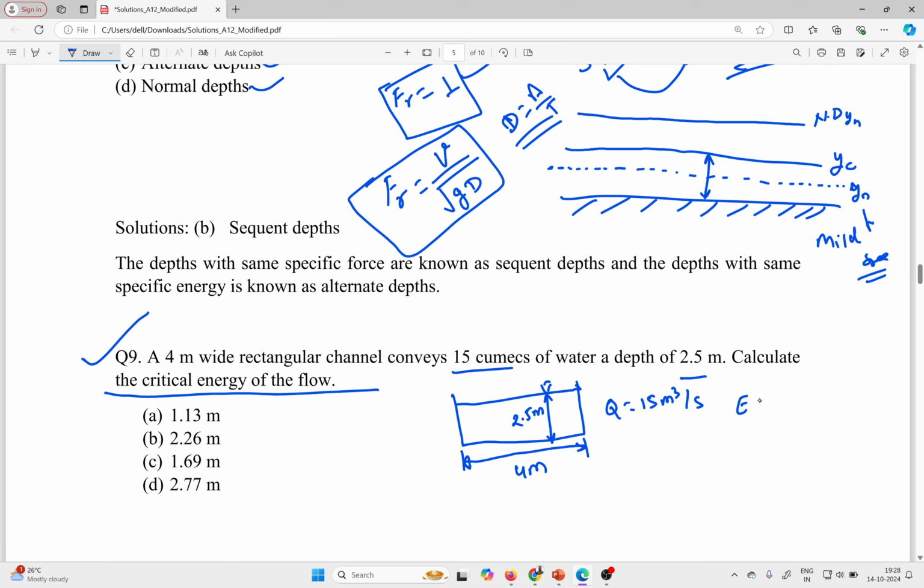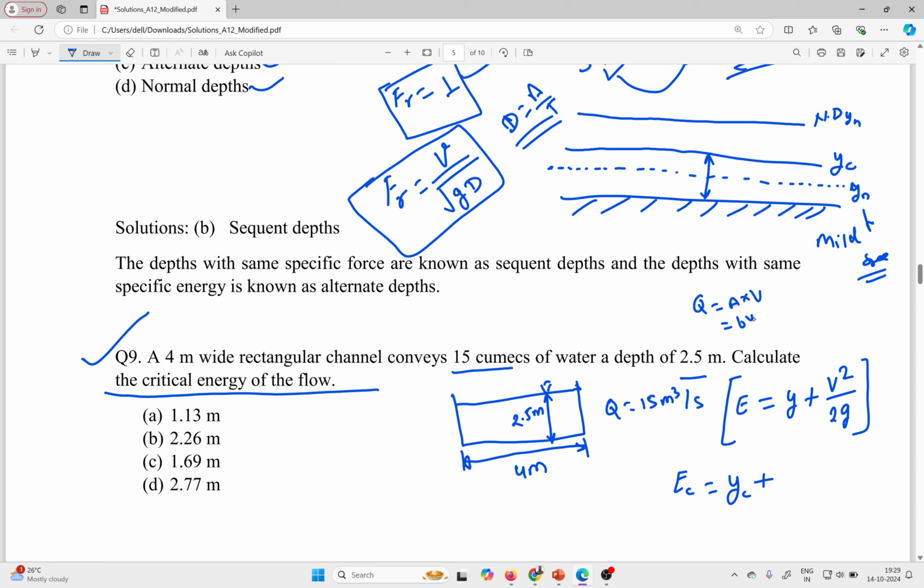So you know the energy formula, that is the specific energy, y plus V square by 2g. But here we need to calculate the critical one, so we will use yc. Here we don't know the velocity. One thing we know, discharge is equal to area into velocity.